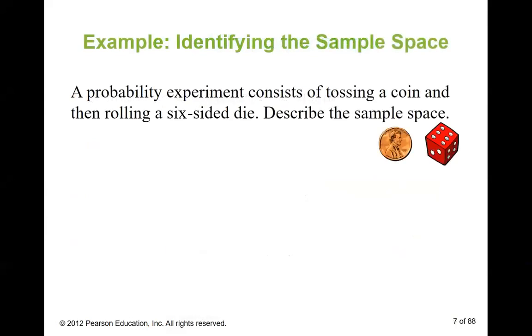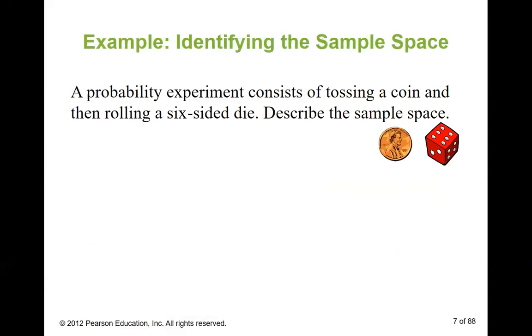Now, when we talked about tossing a coin and then rolling a 6-sided die, we drew a tree diagram to show the sample space, didn't we? Because what we found was, when you toss a coin, what can happen? You would either get heads, or you would get tails.